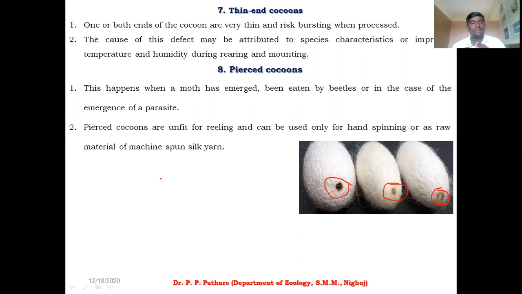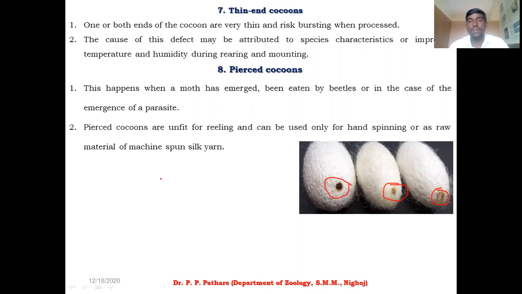So such type of cocoon is not reeled or unwound by using the machinery, because it does not produce continuous long thread. So such type of cocoon is also sorted out and kept in a separate container, to sell only good quality cocoon in your market and get a good price also.